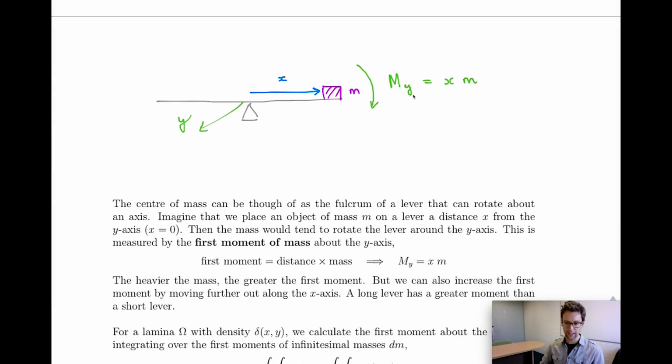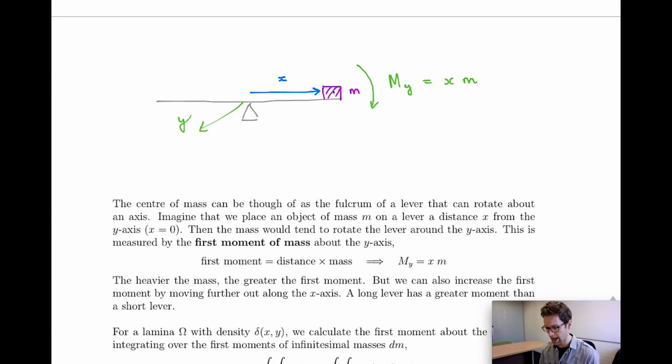So when I talk about a lever force, I'm talking about rotations about the y-axis. So that little subscript y is telling us the axis of rotation. Now that lever force is going to depend on the mass. The larger the mass, the greater the lever force. That makes sense. But also, the further out I put this mass along the seesaw, the greater the lever force as well. So we call this the first moment of mass about the y-axis.